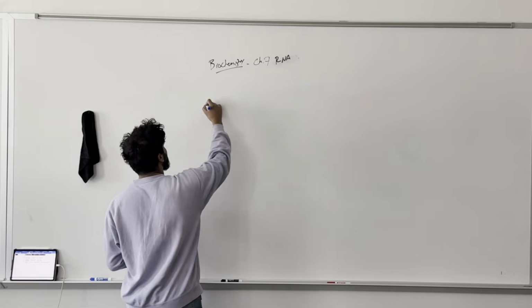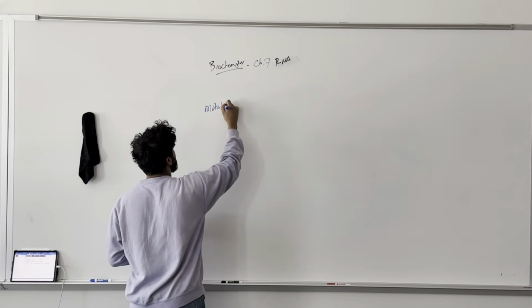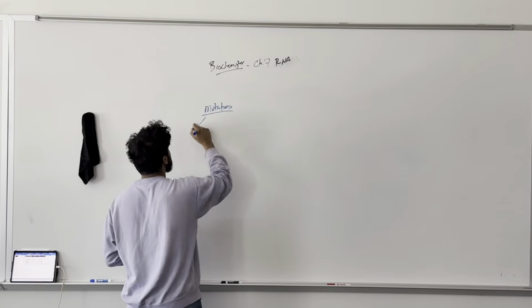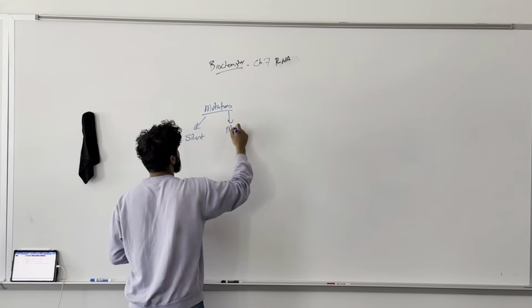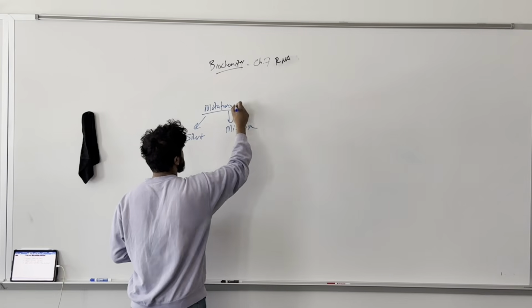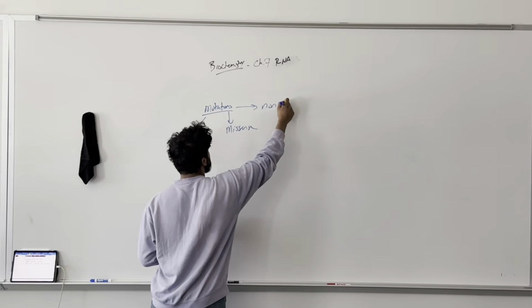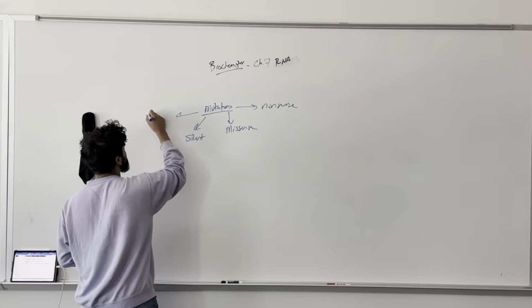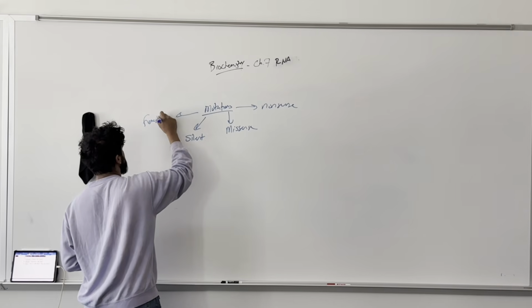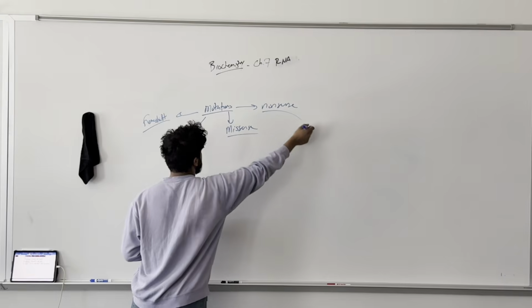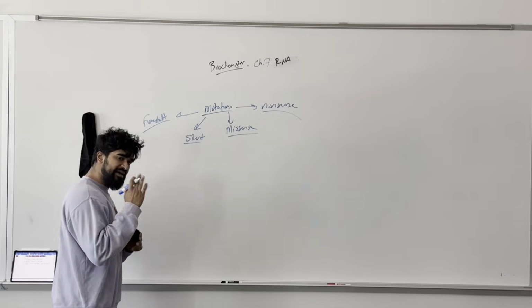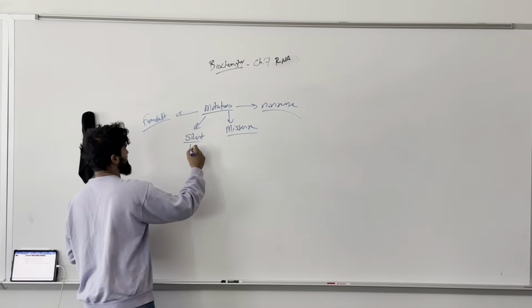Mutations. We have silent mutations, missense mutations, nonsense mutations, and frame shift mutations. Silent mutations are the ones that implicate the wobble phenomenon.